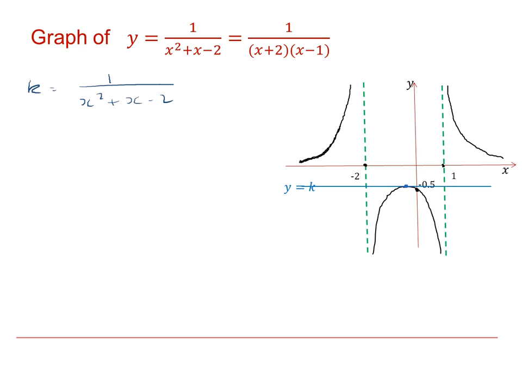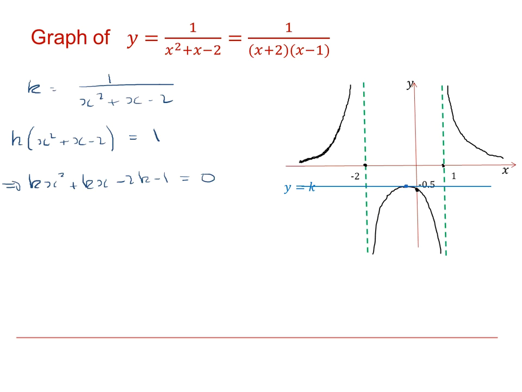Try to solve that, we get therefore that k times (x squared plus x minus 2) would be equal to 1, or that gives us kx squared plus kx and then minus 2k minus 1 is equal to 0.